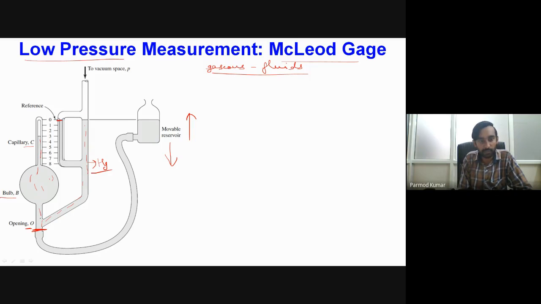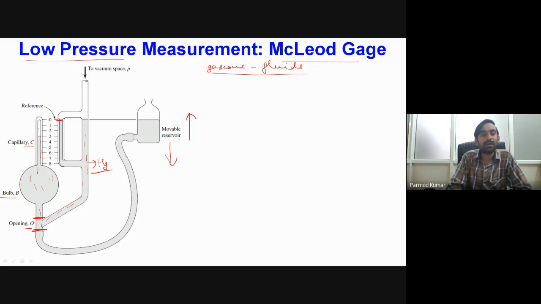Whatever gaseous medium was trapped, particularly inside this bulb, the extended portion of the tube and this closed ended capillary, will be compressed inside this small narrowed portion of the capillary tube.